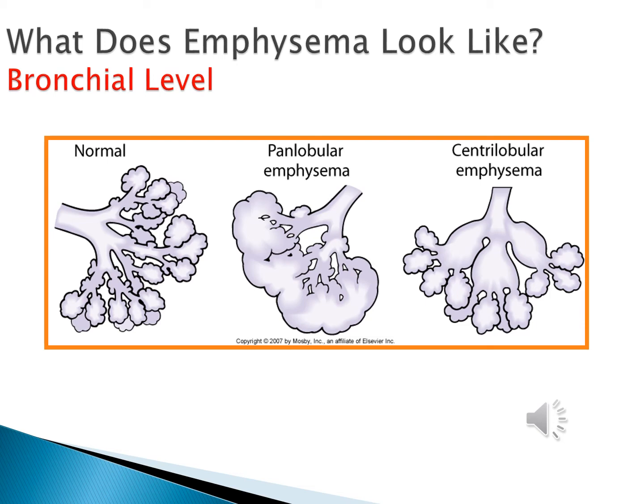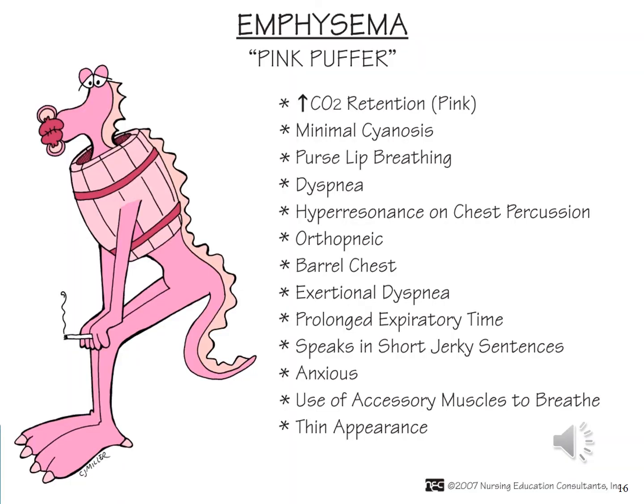So opposite of the blue bloater, which the blue bloaters are chronic bronchitis, we have our emphysema, which is our pink puffer. This person also is at risk of retaining CO2 because of the inability to exchange the gas.